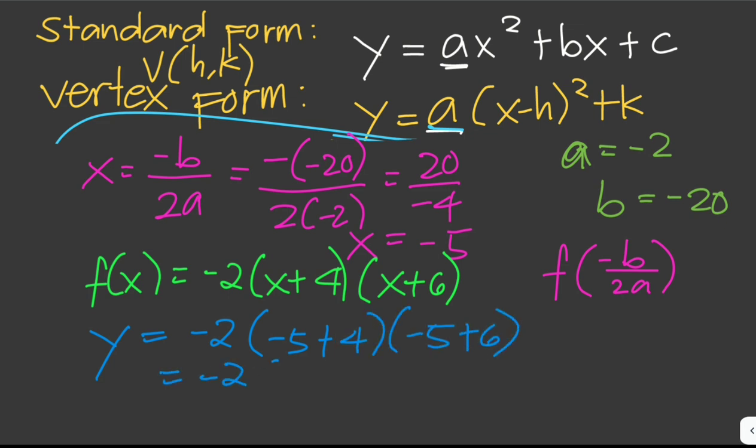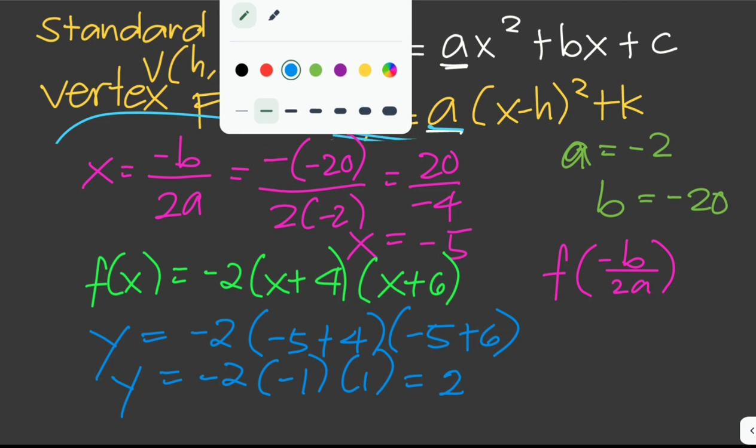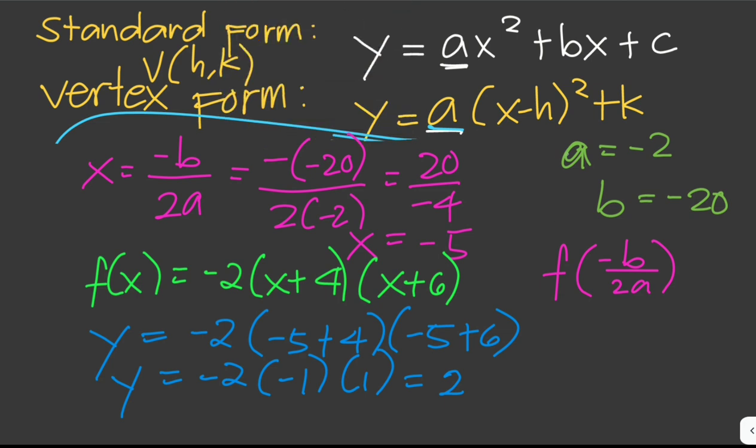This is negative 2 times negative 1 times 1. So y is just equivalent to 2. And now the coordinates of our vertex: our vertex is negative 5, 2.